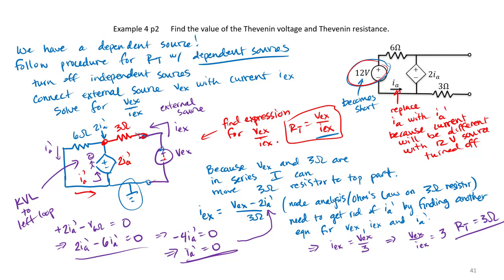And there you have it. So as you can see, these dependent source questions can be a little more tricky. So it's very important that you draw pictures, practice this procedure, and make sure you get comfortable finding equations for these unknowns.